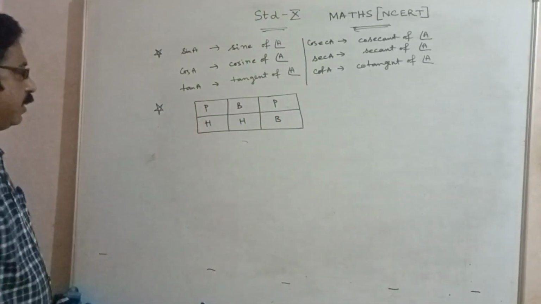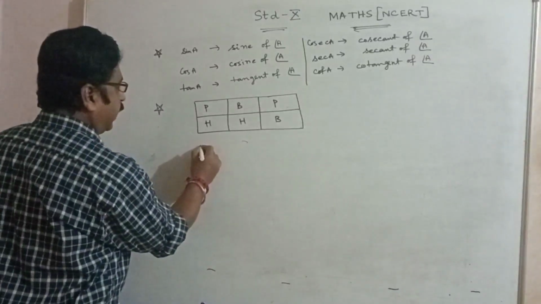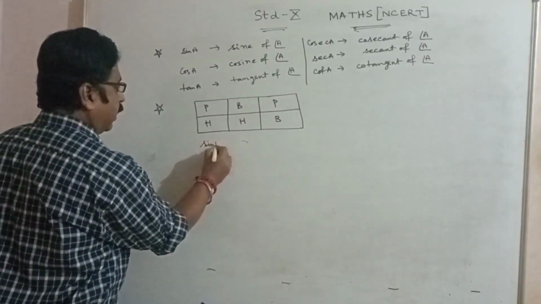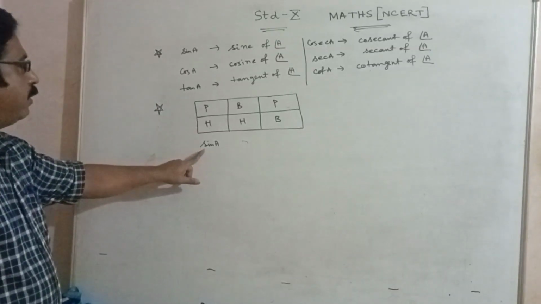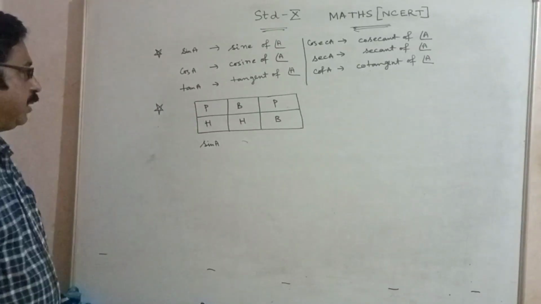Perpendicular upon hypotenuse, it is sin A, sin theta, whatever it may be. Sin ratio is perpendicular upon hypotenuse.